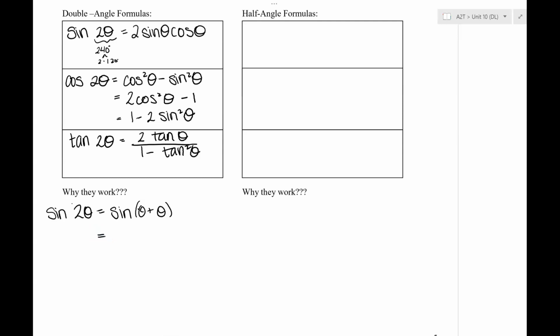Thank you, skill 2. Our sum formula we know is going to be sine theta cosine theta, because that's the first and the second angle, same operation, cosine theta sine theta. These are identical, so we would then have 2 sine theta cosine theta. Boom, there is your double angle formula.